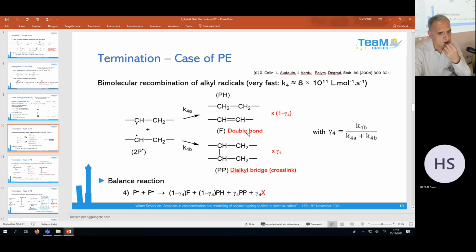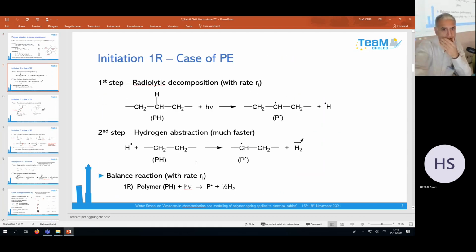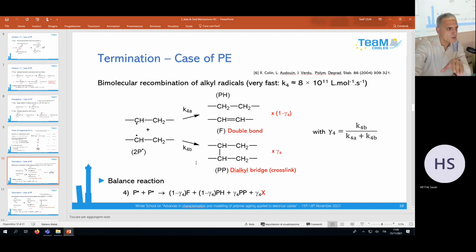Yes, in general. In the case of polymer radiolysis, when you write a model and you calculate, for instance, in the case of polyethylene, you have only the radiolytic initiation, giving radicals by irradiation, and this termination.